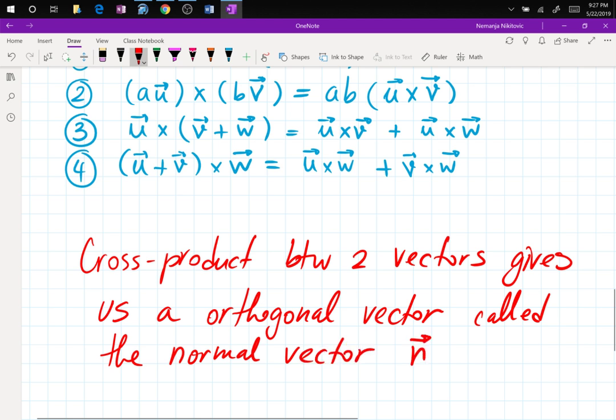Usually we have lowercase n as a vector, with the arrow.